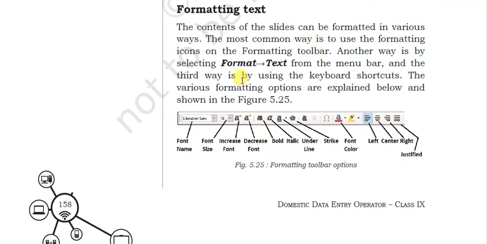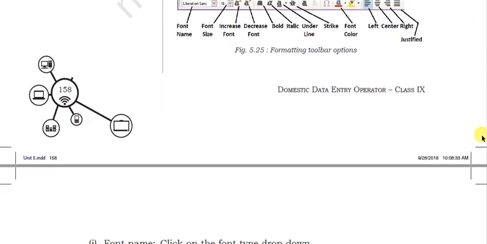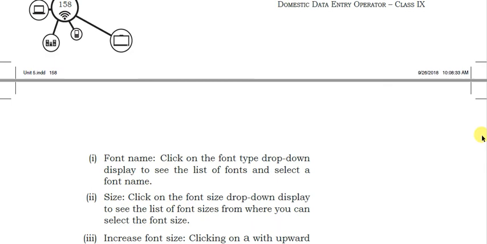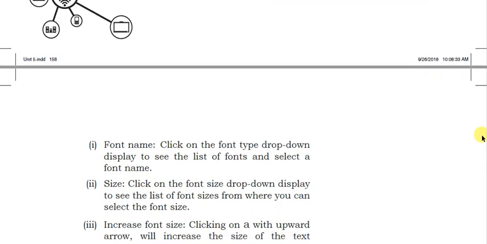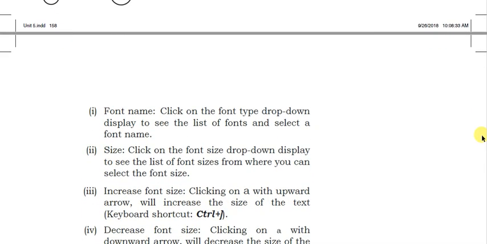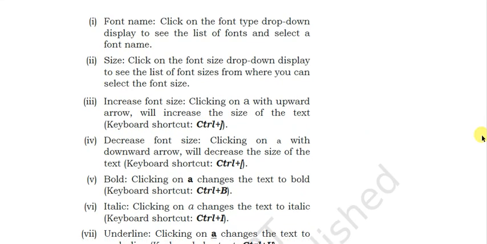The menu is Format menu, then Text. You have already gained the knowledge about this formatting in the previous units. We can change font name, size. So these are the options.